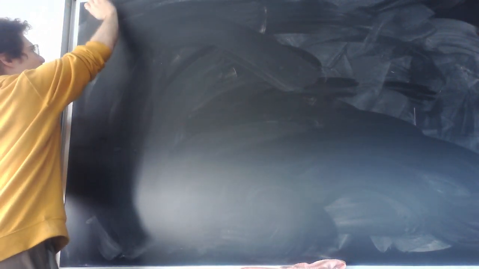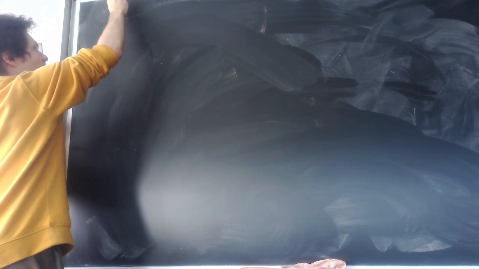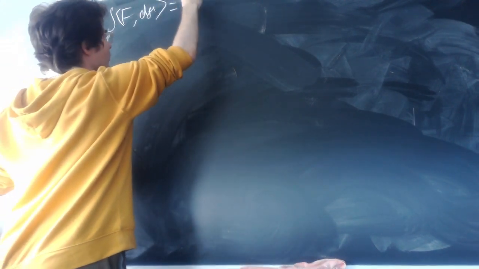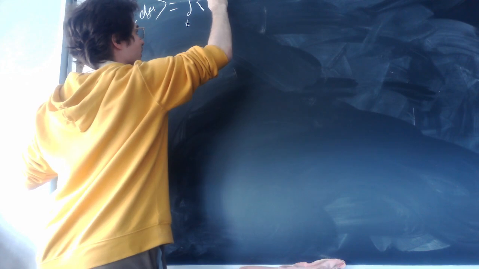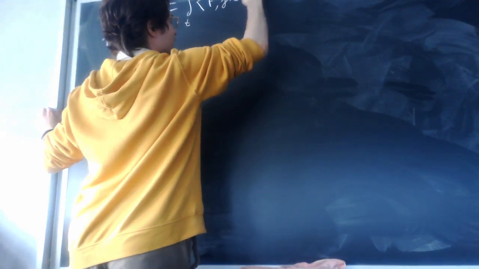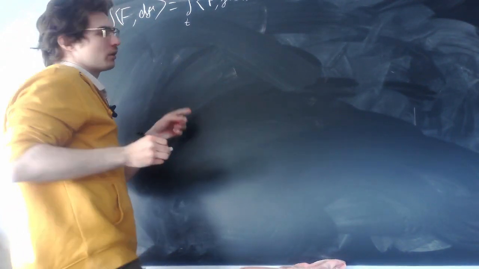We just said that we could define this integral of F dot d gamma over gamma equal to the integral over t of F dot gamma dot of t dt, right?